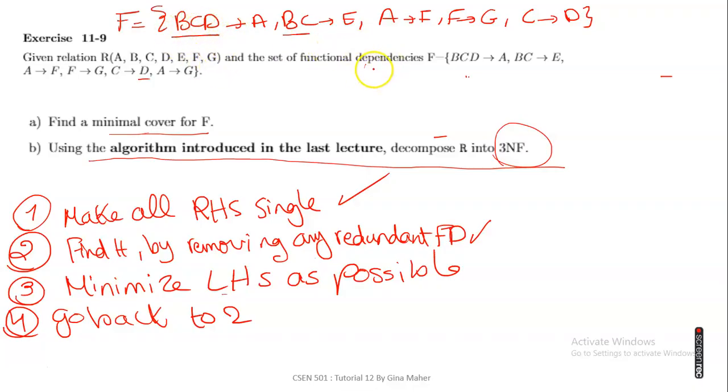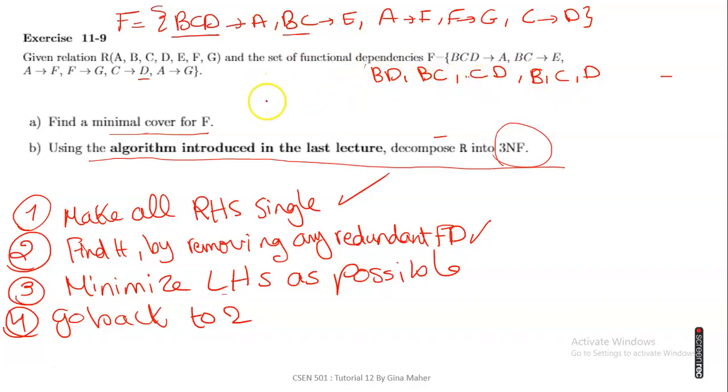BCD can be minimized to BD, to BC, to CD, to BCD. In order to know whether simplifying this could lead to the same dependency or not, we should try each and every one.